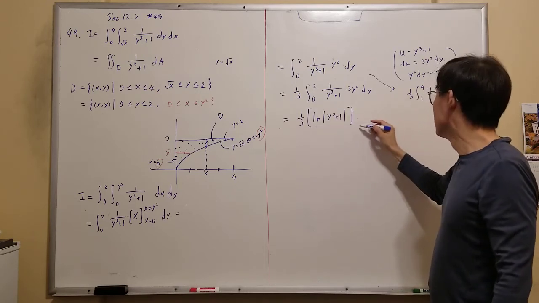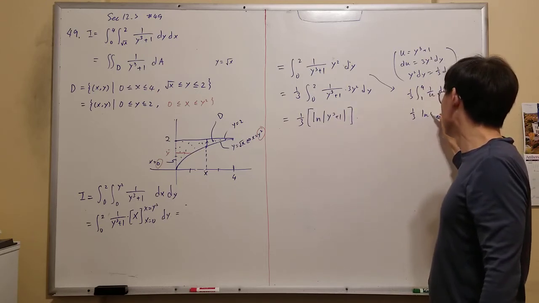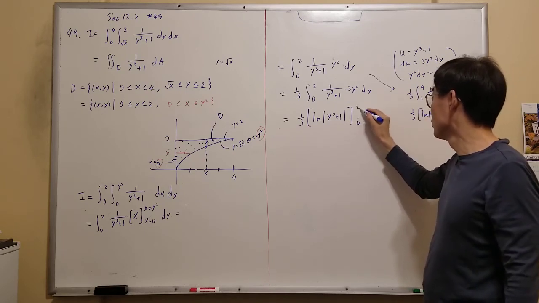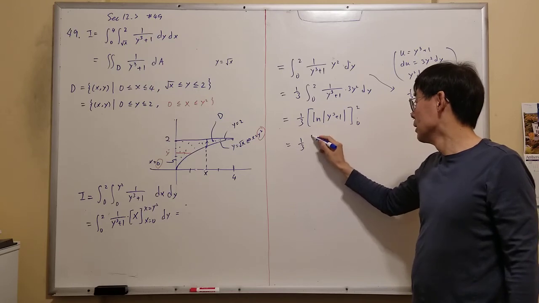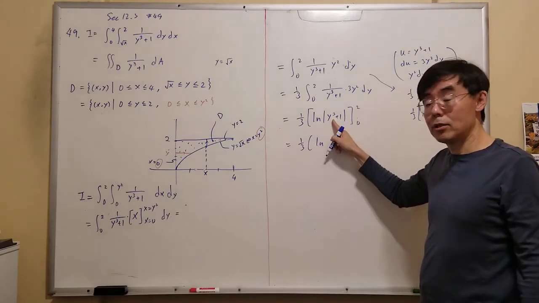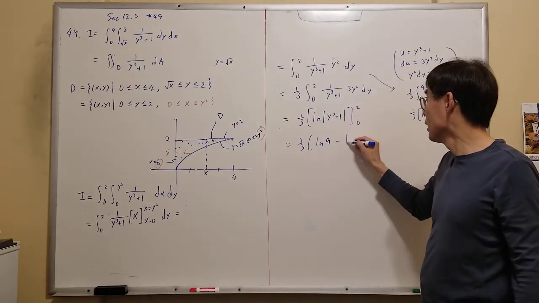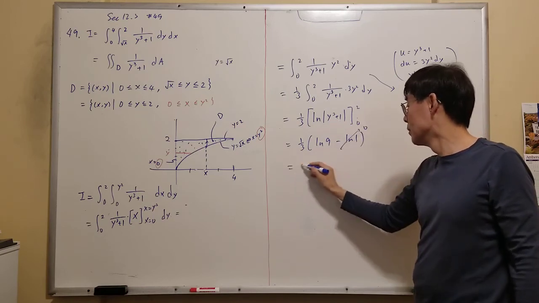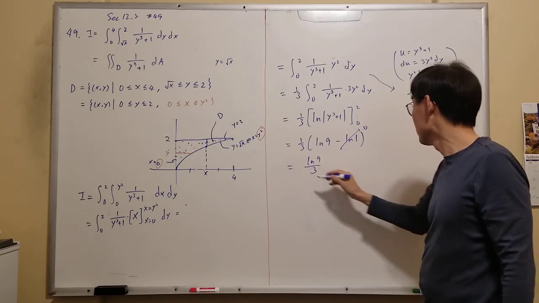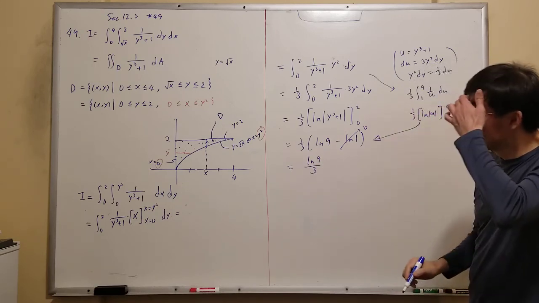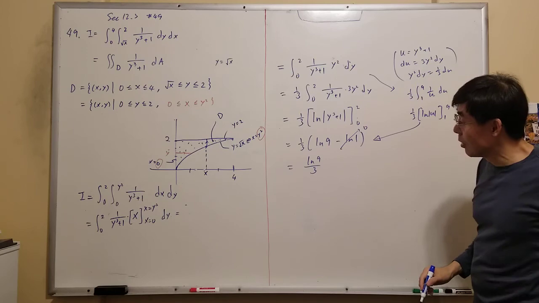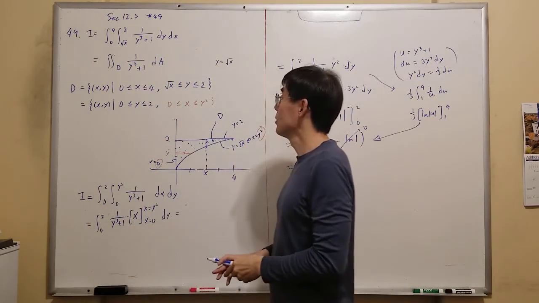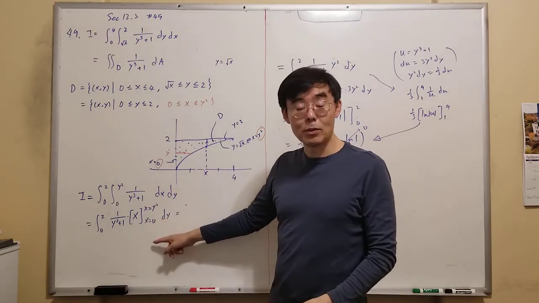Anyway, that will be 1/3 ln of the absolute value of u from 1 to 9, or 0 to 2, same thing. ln of 8 plus 1, 9, minus ln of 0 plus 1, this is 0. So ln of 9 over 3. You're going to get the same thing either way. So by reversing the order of iterated integrals, we were able to integrate this one easily.